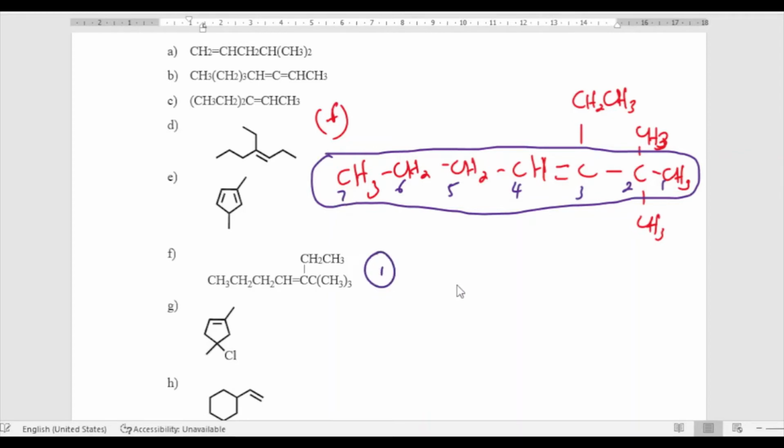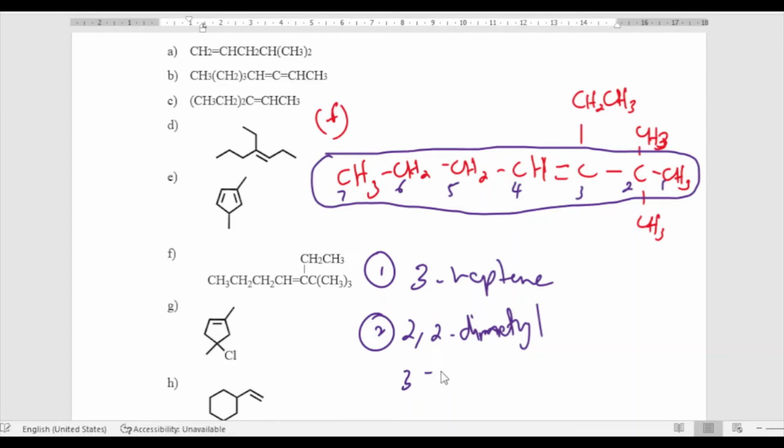So the name will be 3-heptene. Okay, and then you identify the substituent. We have here 2,2-dimethyl, and then here is ethyl, so 3-ethyl.